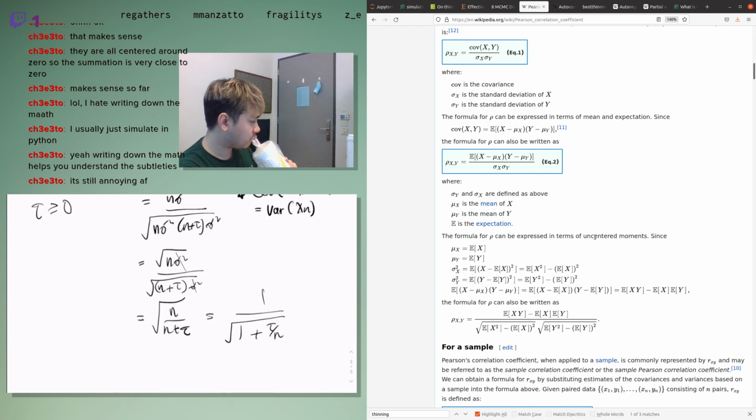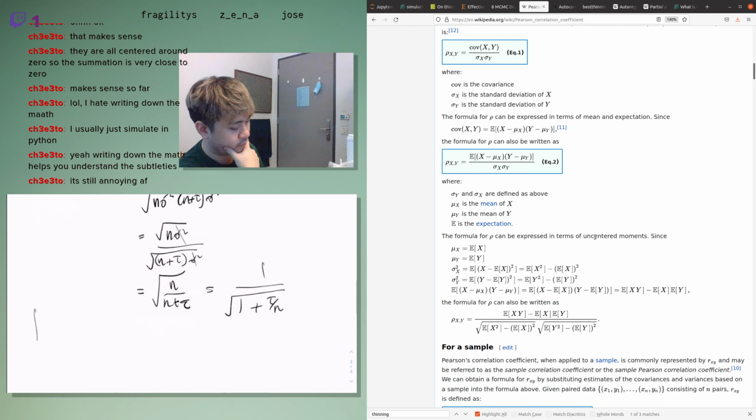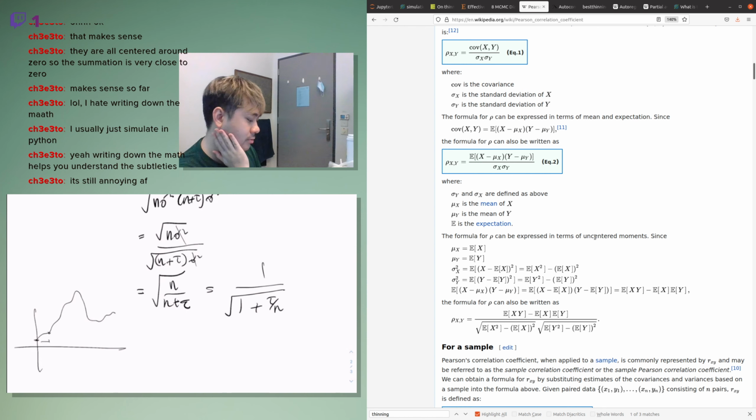Oh, okay, I kind of get it. Because let's say you have a process that goes like this, if it's at the start and I say that the length is 10, actually no, that makes no difference, right? It's going to be like here, so here it's going to be here.